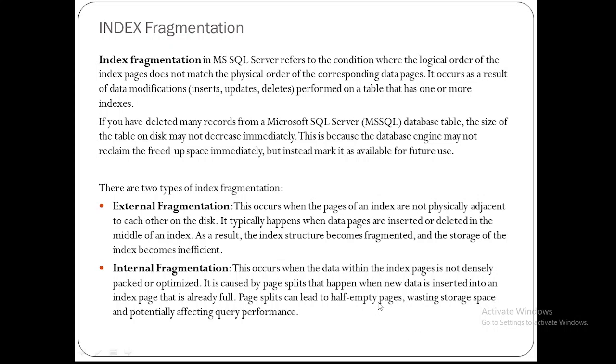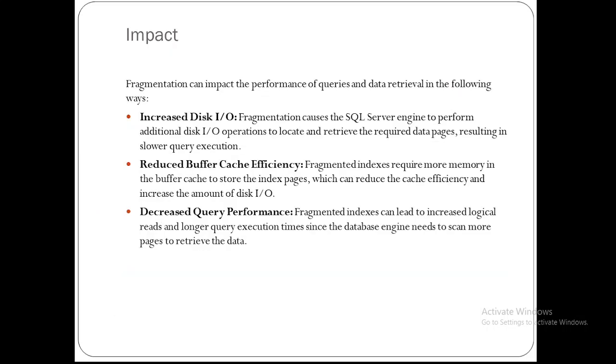It may occupy just one or two bytes of that page. This wastes storage space and potentially affects query performance, as queries need to read many more pages to fetch the results. So this is external and internal fragmentation.